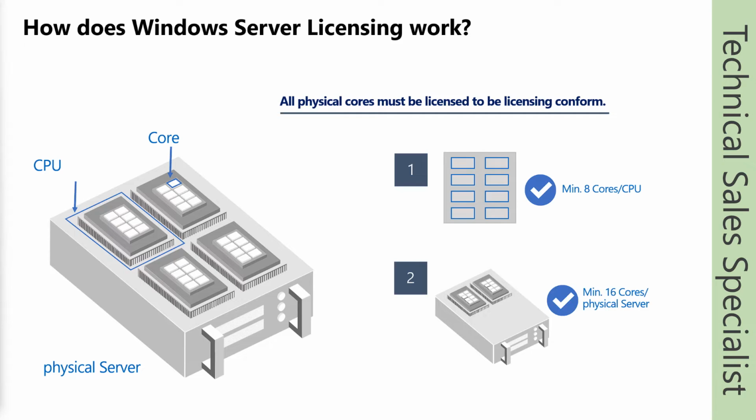So if your server has 8 cores, you have to license 16. If the server has 10 cores, you have to license 16. If your server has 20 cores, you have to license 20 cores. And if your physical server has 40 physical cores, you have to license 40 physical cores. It's similar to the way it works in Azure Stack HCI, because only physical cores are relevant for licensing.